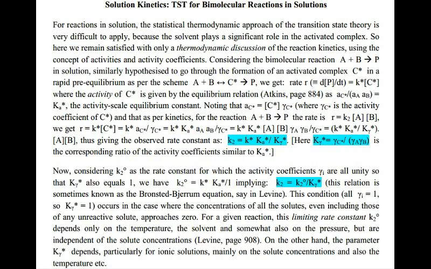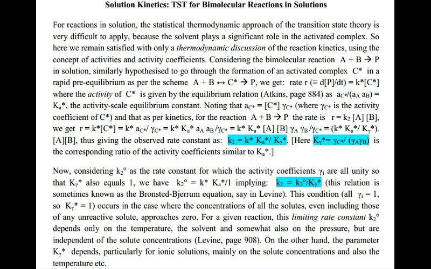So these two relations: rate is equal to the unimolecular constant k star into concentration of C star, square bracket of C star, on one hand, and the activity ratio, activity of C star divided by activity of A into activity of B, equaling the equilibrium constant Ka star. These two relations can be combined by noting that the activity of C star is equal to the concentration of C star, that is square bracket of C star, into gamma of C star, where gamma of C star is the activity coefficient of C star.